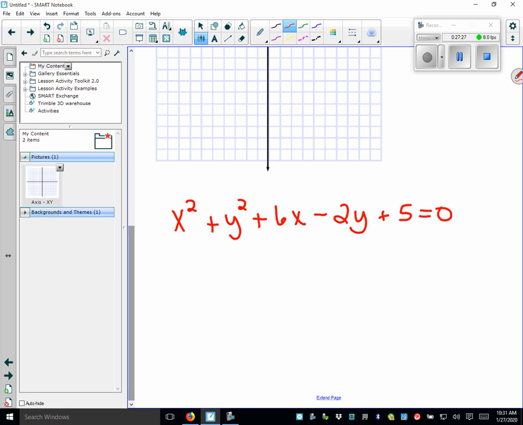What are the directions for this one? Write the equation of the circle and graph.